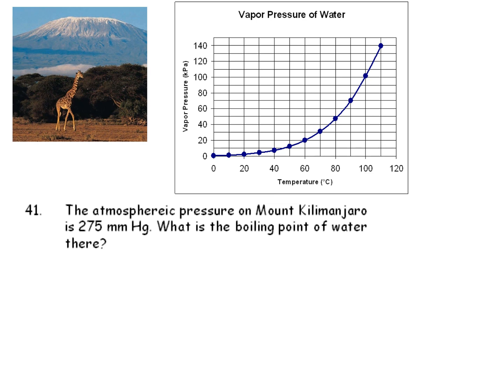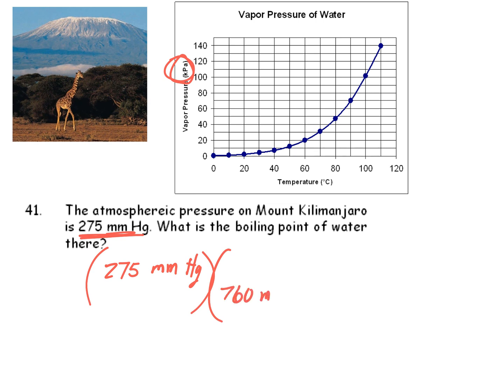What we would need is that graph. Now, the first thing we would have to do here, because our graph is in kPa, kilopascals, and the pressure given here is in millimeters mercury, is make a conversion. So 275 millimeters mercury, and we're going to convert that into kPa. 760 millimeters mercury is equivalent to 101.3 kPa.